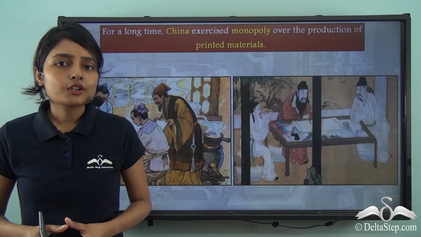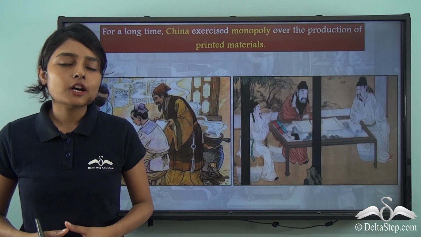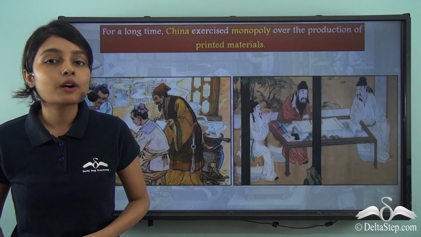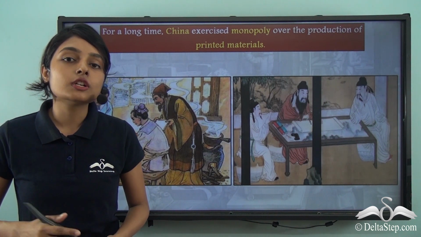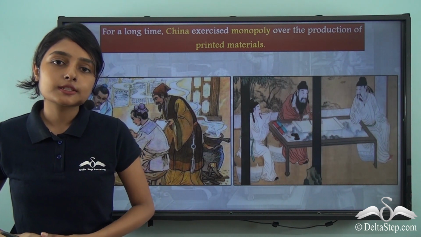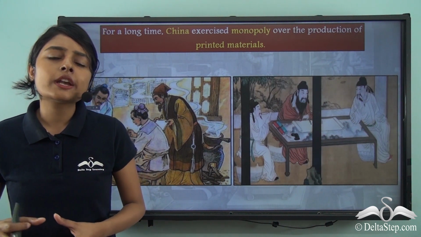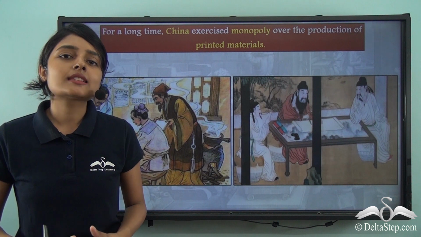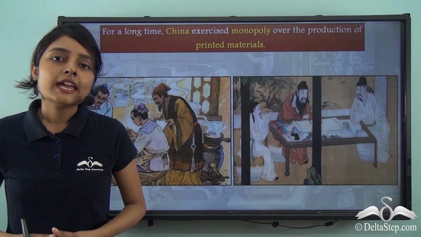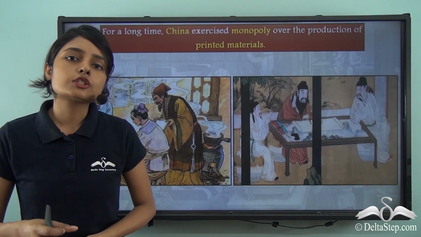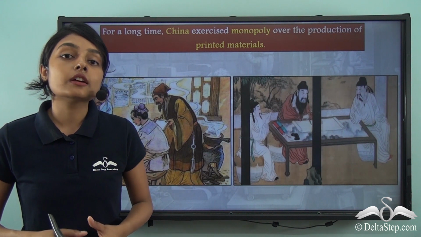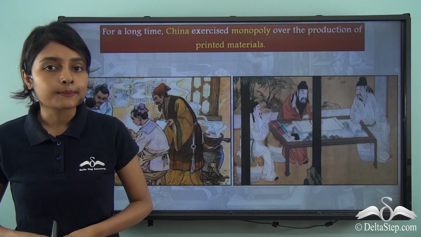Now, having talked about how print evolved in China, let us now talk about how China controlled the production of printed materials. Now, when it is just one country or one group of people that has sole access to something, invariably that country or that group of people would exercise their monopoly over that thing.